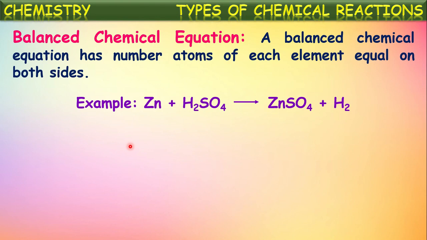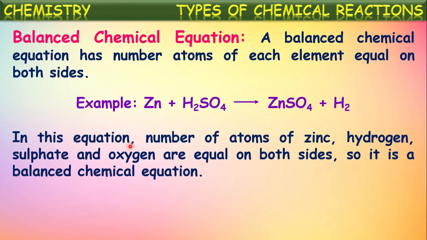If you observe this equation, the number of atoms of zinc, hydrogen, sulfate ions or sulfur and oxygen are equal on both sides. So it is said to be a balanced chemical equation. Why? Because the number of atoms of all the elements on both sides of the reaction are equal. Hence it is a balanced chemical equation.